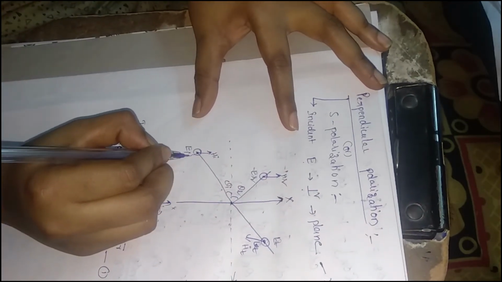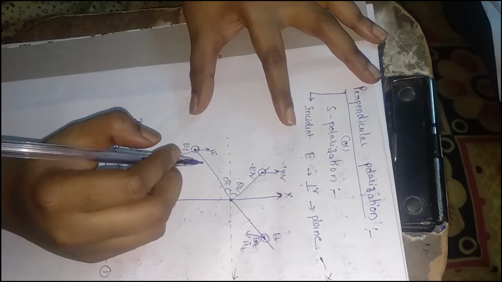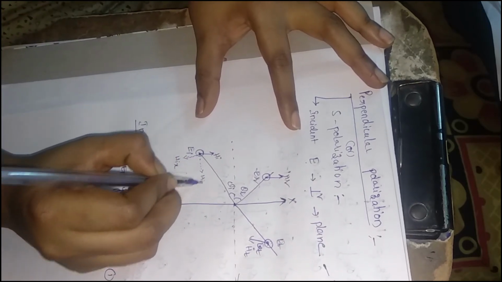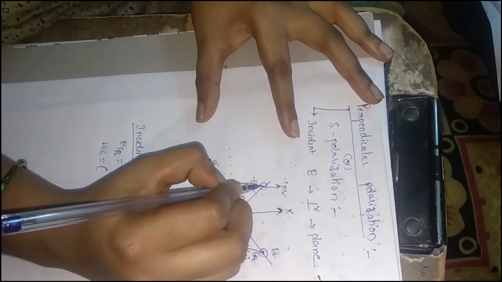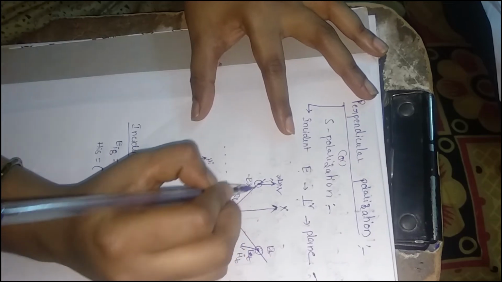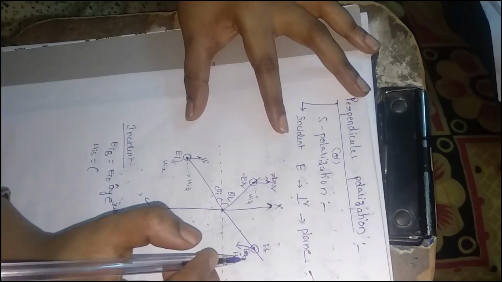so the magnetic field is like this. This is HIX, which is in the negative X direction, and HIZ. Here also same thing: HIX in the positive X direction and HIZ along the positive Z direction.